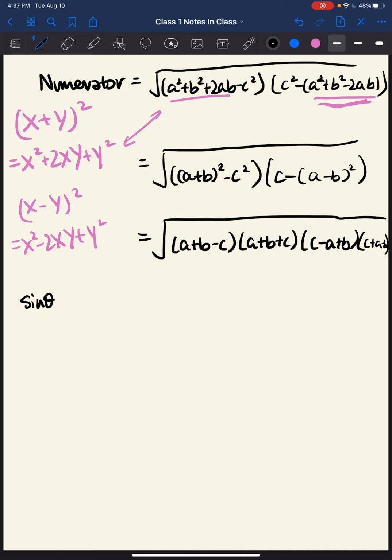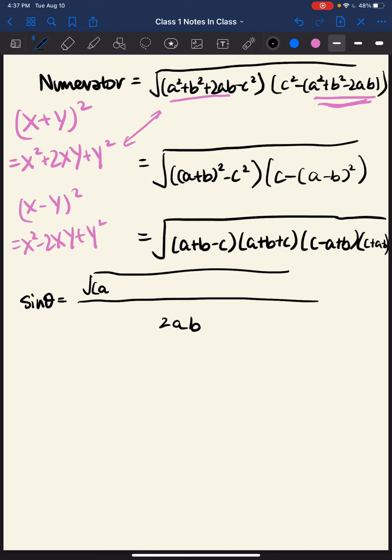Therefore, sine theta will equal, remember we have the denominator of 2ab, and our numerator became a plus b plus c times a plus b minus c times c plus b minus a times, sorry, I keep saying plus, it should be times, a plus c minus b.